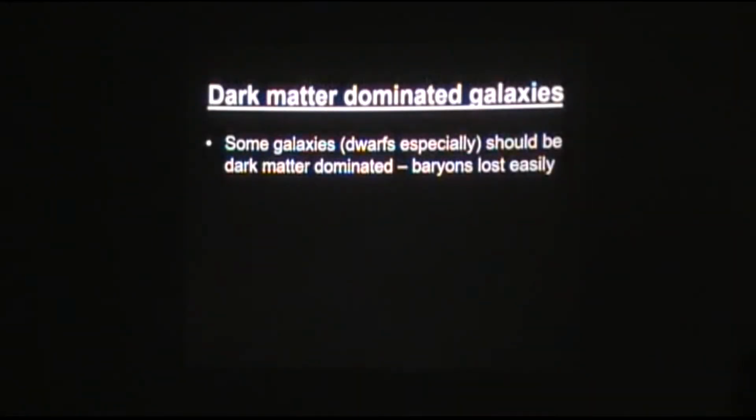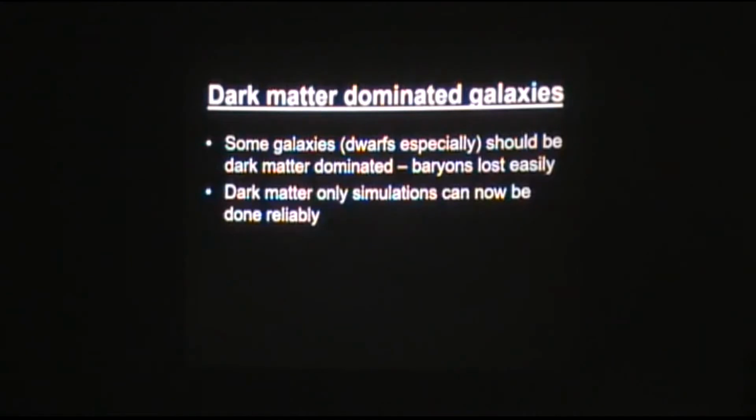Recently people have found that some galaxies should be dominated by dark matter in the standard model, so you can just simulate the dark matter only and not worry about the baryons too much. And we can do dark matter only simulations quite well. That should tell you how quickly the galaxy is rotating as a function of distance, like the internal forces everywhere.